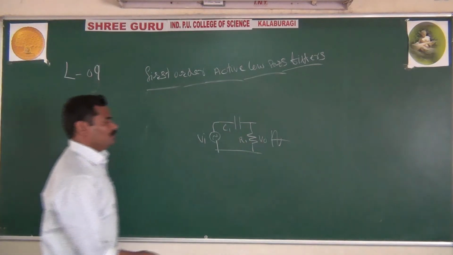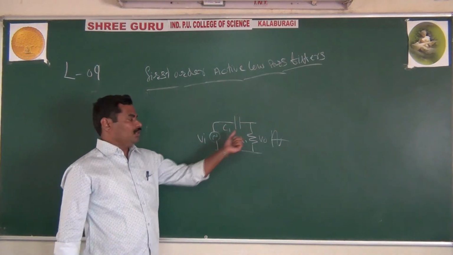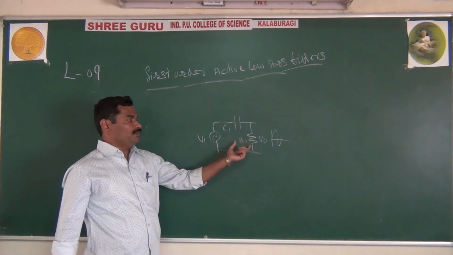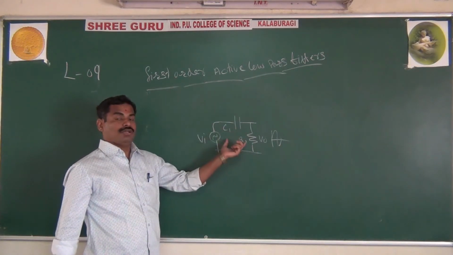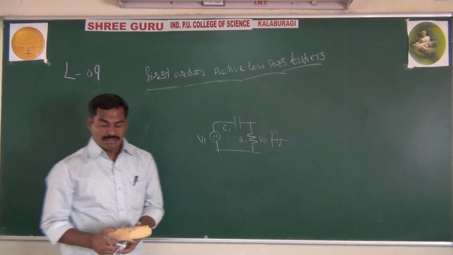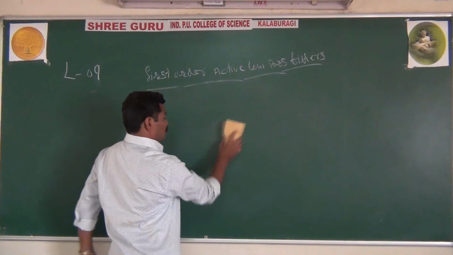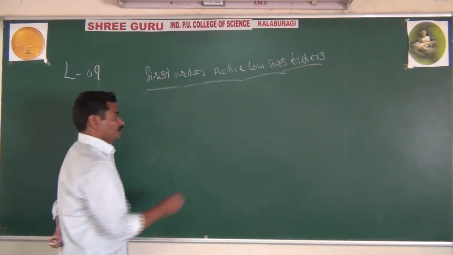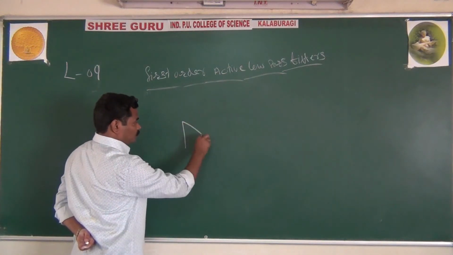The difference in the high pass filter is that you apply the input to the capacitor and measure the output across the resistor. This is the construction of general high pass and low pass filters. Now this high pass or low pass filter can be connected to the op-amp in the non-inverting mode. I can draw the big diagram if you want.